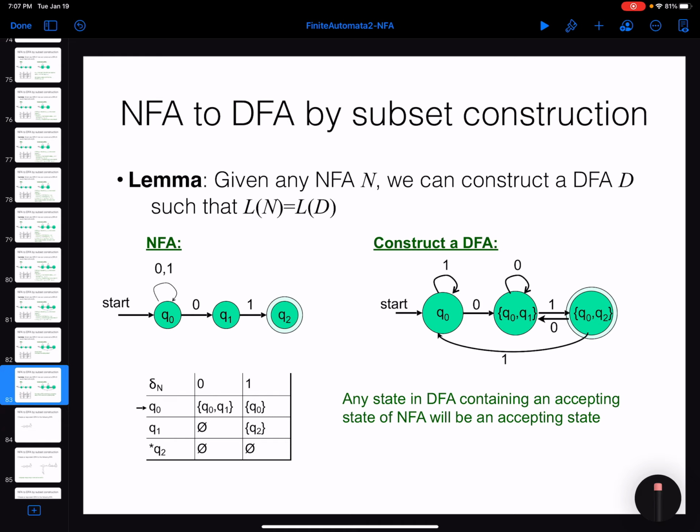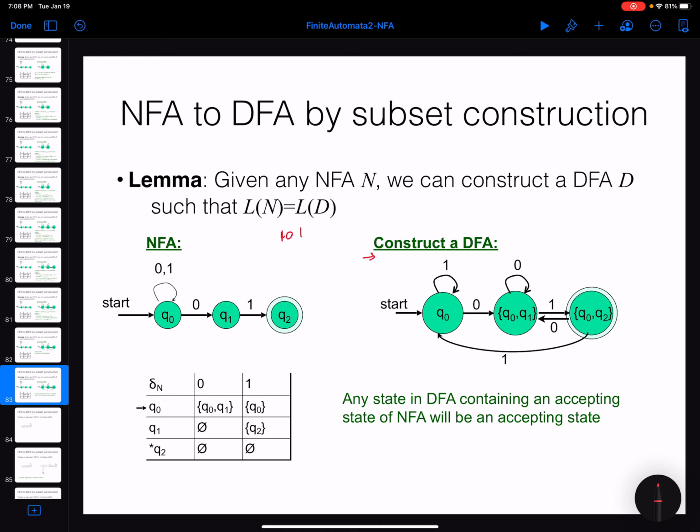To make it easier to understand why they are equivalent, let me show what would happen if I run this NFA over a string like 101, and what would happen in the corresponding DFA that we created if I run it over the same string.